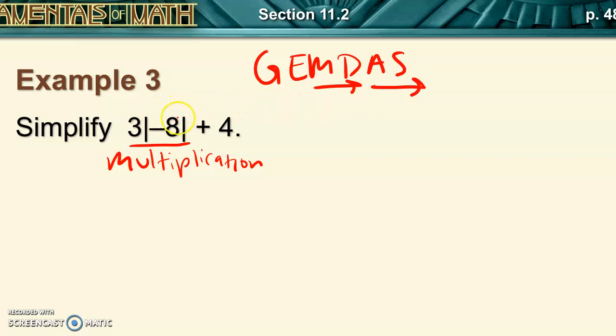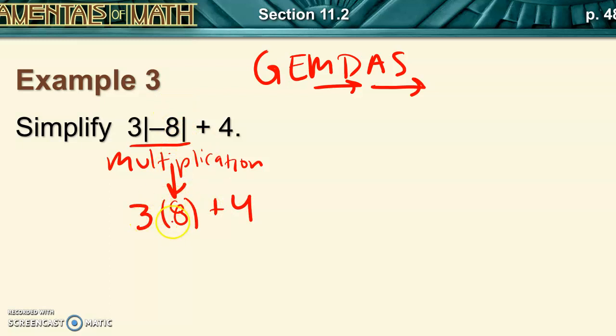Should we multiply first or add first? Well, we should multiply left to right. In this case, 3 times the absolute value of 8. This is going to be the same thing as 3 times 8, because the absolute value of 8 is just 8. It's a machine that turns everything positive.